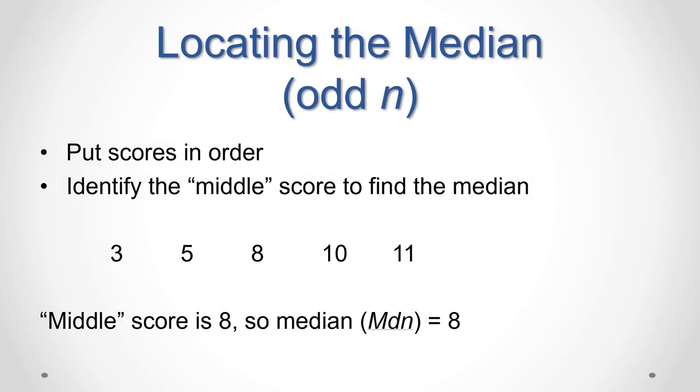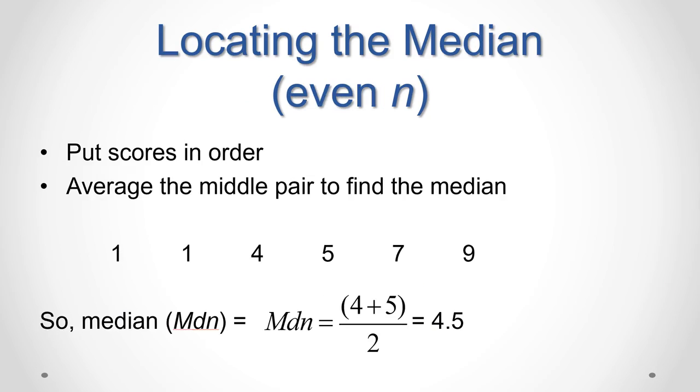All right, now here's an example for locating the median with an even number of observations. So again, this data set is already in order from smallest to largest.